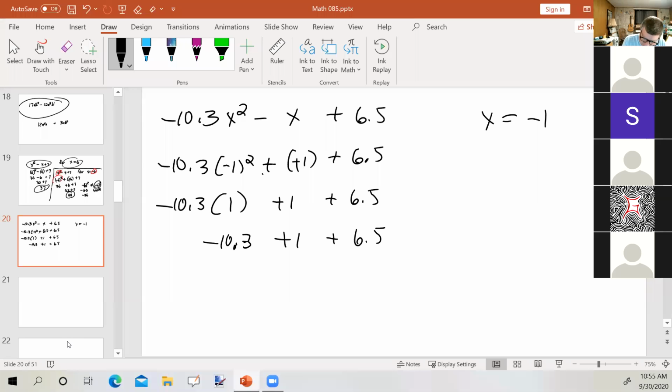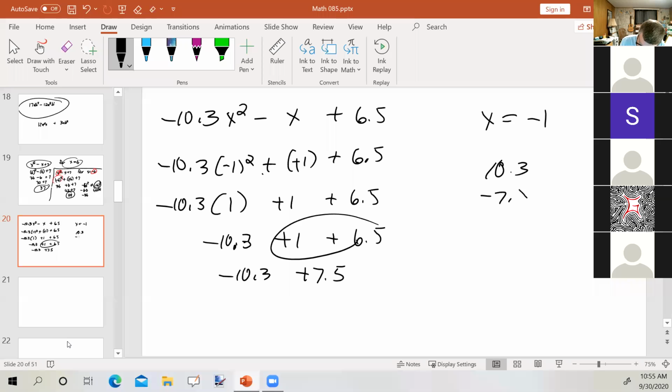Addition is associative as well as commutative. So I could add these two together. Let's see. When you're adding two numbers with different signs, what do you do? You subtract the smaller absolute value from the larger, and then you attach the sign of the number that had the largest absolute value, which would be negative.